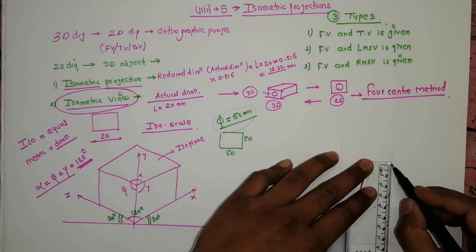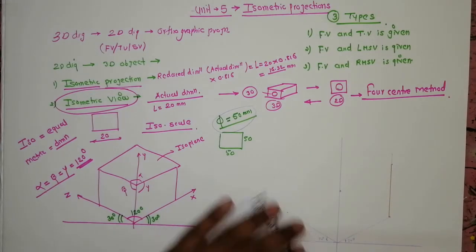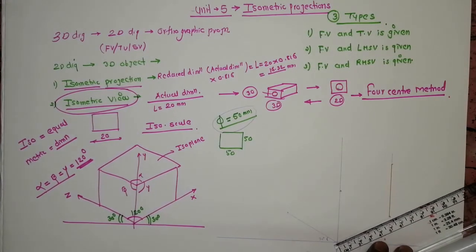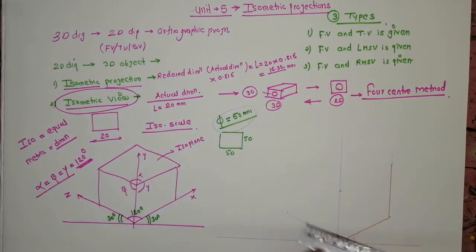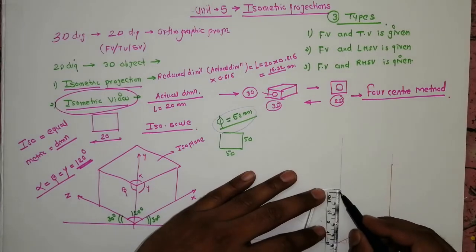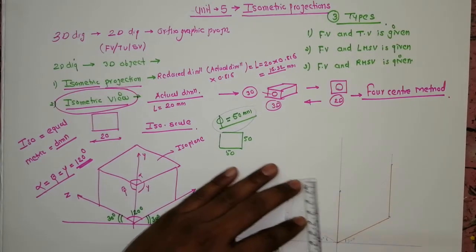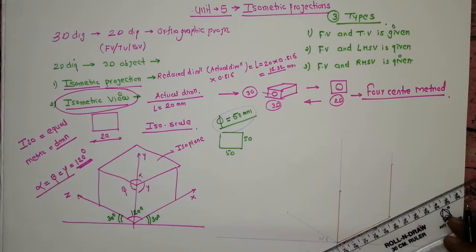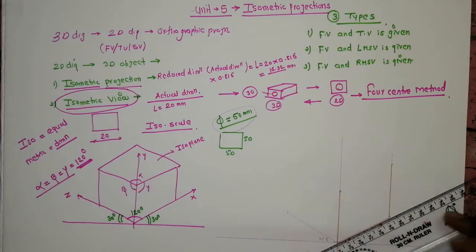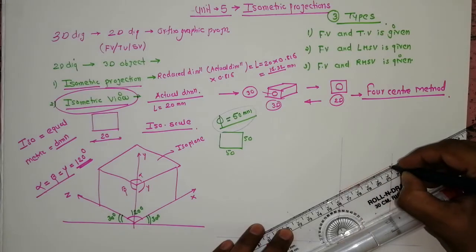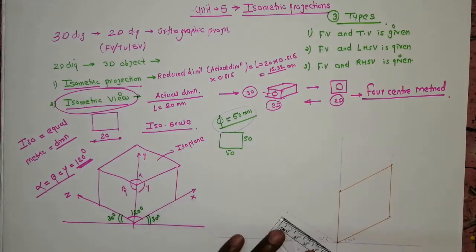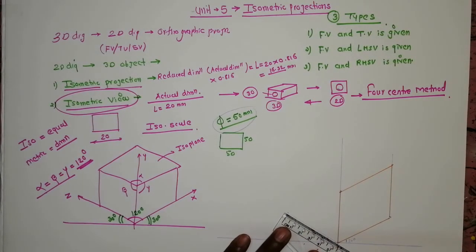So this comes out to be 50. Okay, this is 50, and this is also 50. Okay, now from here parallel to this principal axis. So this is 50. Okay, now from this side this is 50.